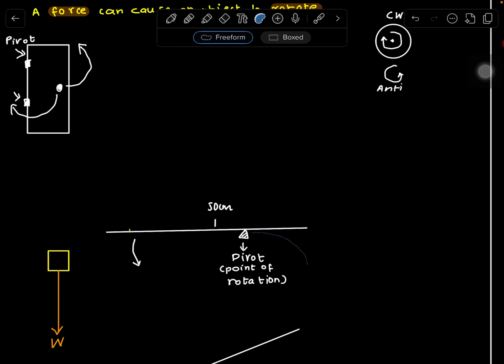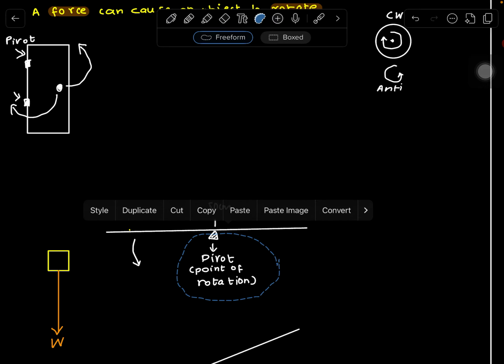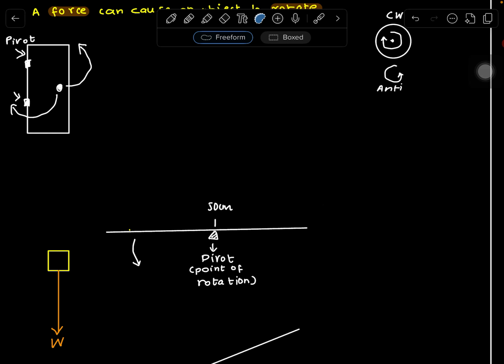So to balance something about a pivot point, you have to make sure that the rotation on both of the sides is equal. The term for that rotation is moment or torque.